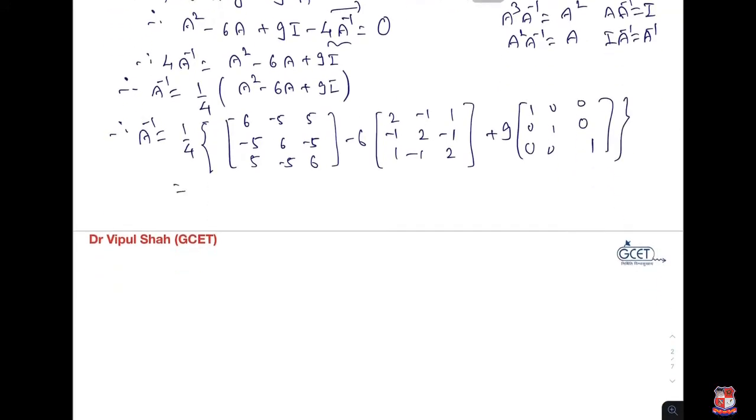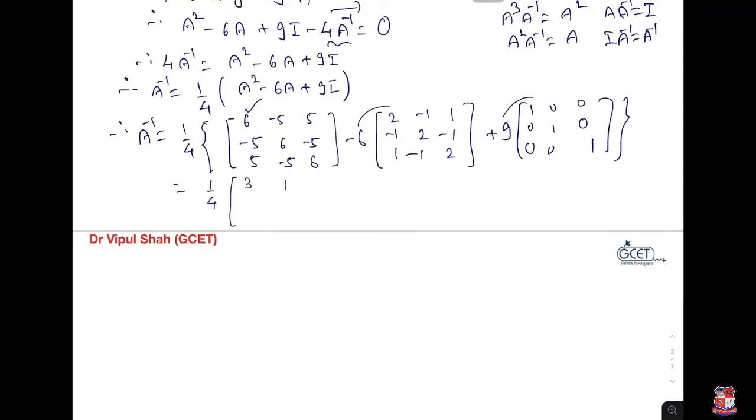And so this we can easily now find, 1 by 4. This is 6 minus 12 plus 9, so 9 plus 6, 15 minus 12. So this is 3. I leave to you that this you can do easily, it's not difficult. Then minus 5 plus 6, so that is 1.